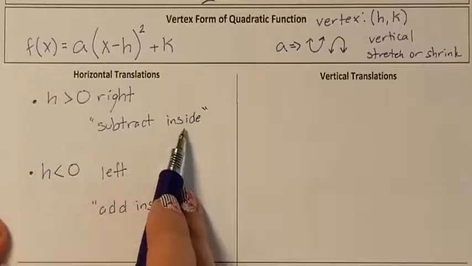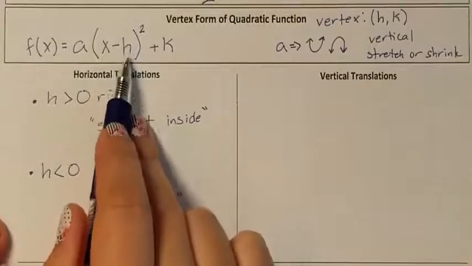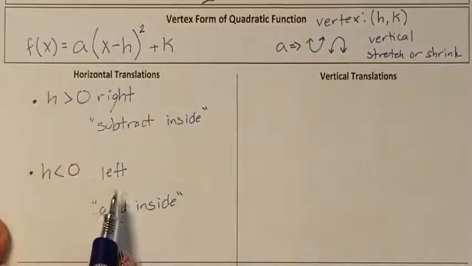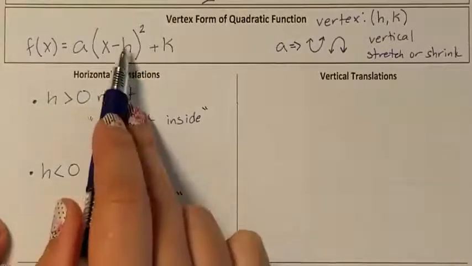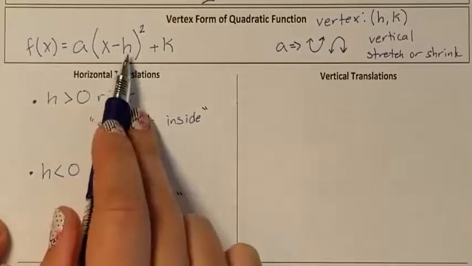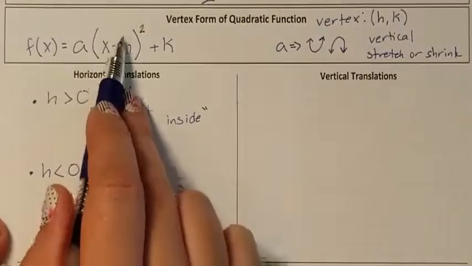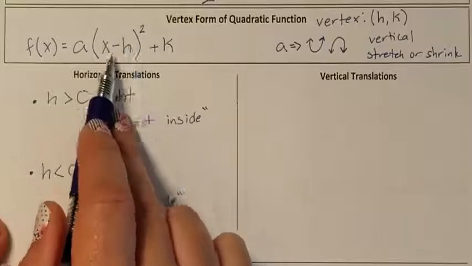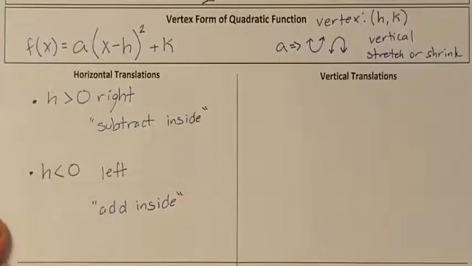So the only way to subtract on the inside is if this h value right here was bigger than 0. The only way to add on the inside is if this h value was smaller than 0. What happens if it was actually 0? It wouldn't have moved to the left or to the right. It would have stayed exactly where it was. So if h is bigger than 0 or smaller than 0, you move to the left or the right.